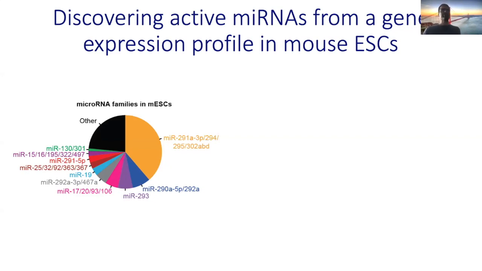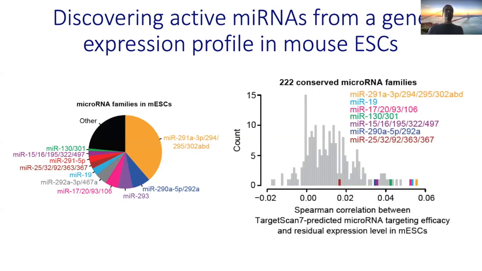So I took my residuals and then looked at the Spearman correlation between a predictive algorithm called TargetScan, which takes each microRNA in the genome and attempts to predict the level of repression that targets will exhibit. And again, that's purely based on the sequence of 3' UTRs of these genes.